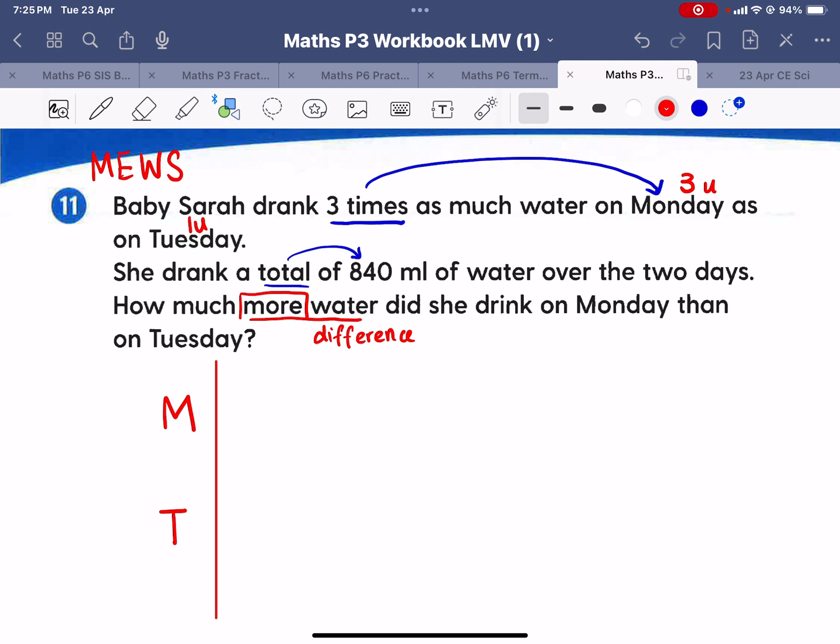Now we know that Monday is 3 units worth, 3 equal units. So this is what we're going to draw to show that the Monday represents 3 units.